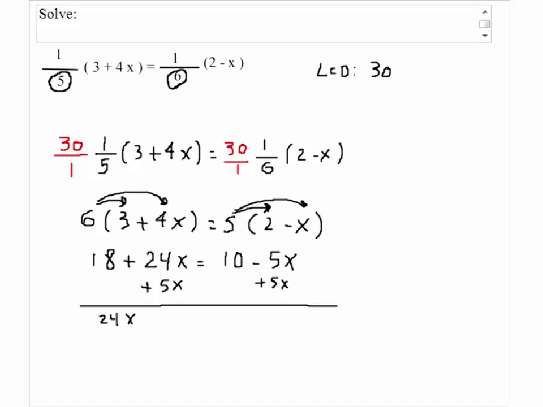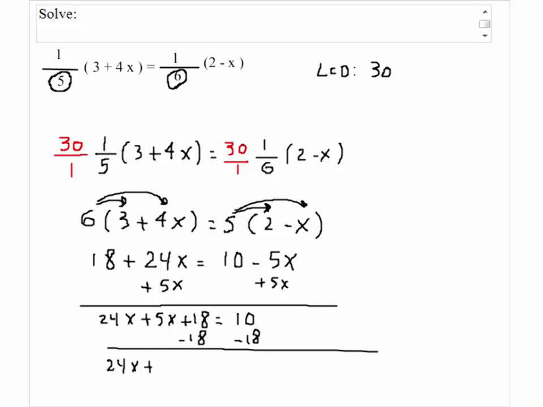I would get 24x plus 5x plus 18 on the left-hand side, and the right-hand side I would get 10. Then I subtract 18 from both sides of the equation.